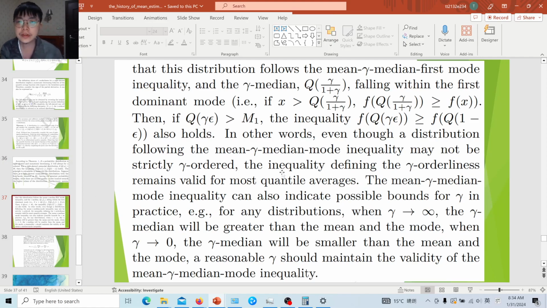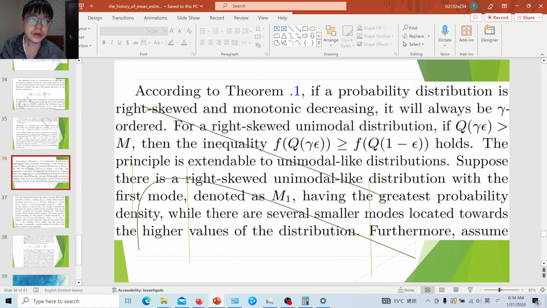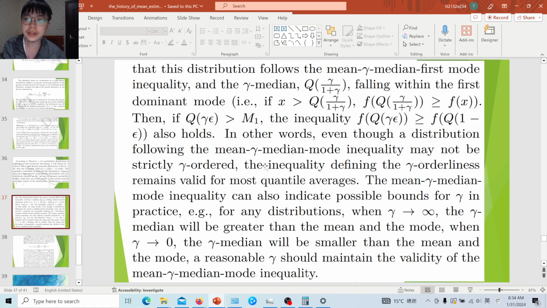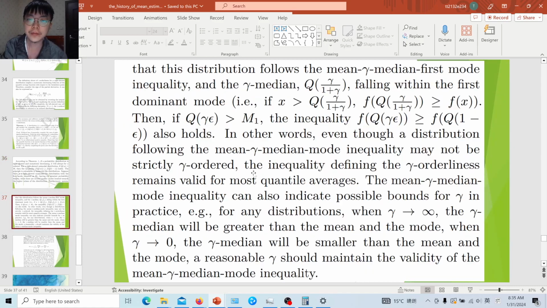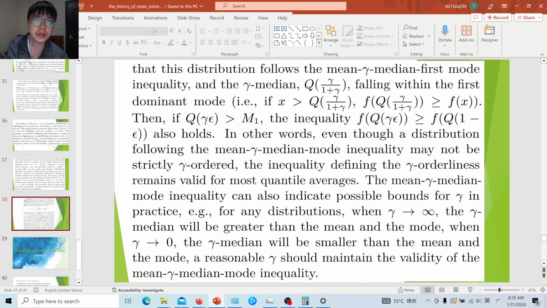This suggests that although a distribution might not be strictly gamma ordered, this inequality holds for many quantile averages, for most unimodal distributions following the mean, median, mode inequality, because such an inequality normally indicates a skew distribution.